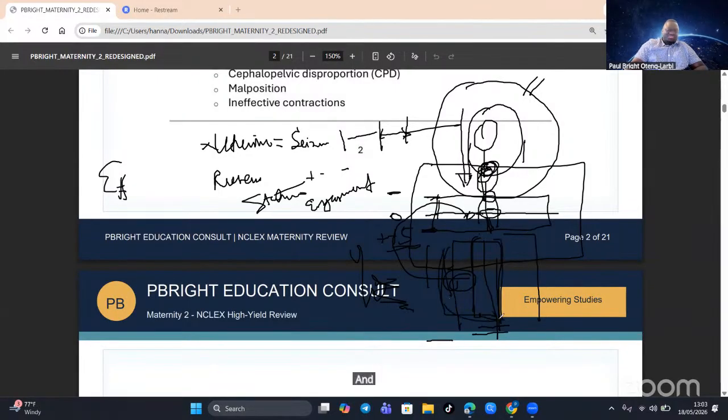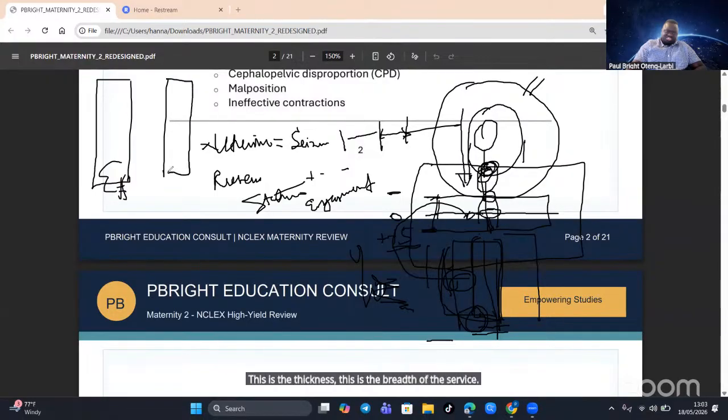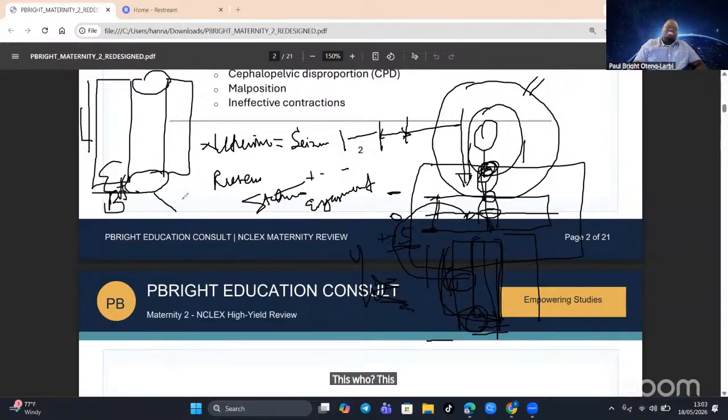The cervix is the orifice, this mouth, this hole here. This is the thickness, this is the breadth, and this is the length of the cervix. The length is becoming shorter. The breadth is becoming thinner. What about this hole? This hole is what we call the cervical dilatation.